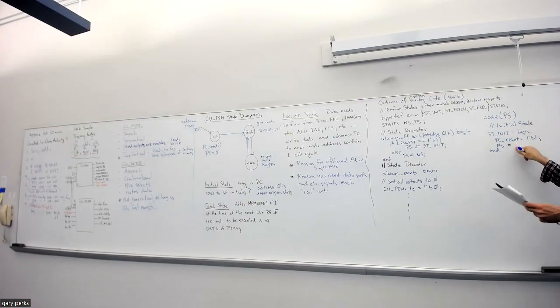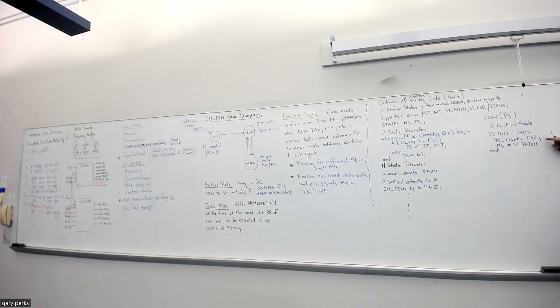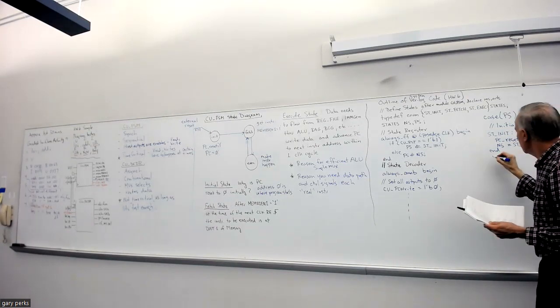But what do we put here? The fetch state. We're just setting the signal equal to what we want, and then telling it where to go next from this state. Then you have your fetch state.